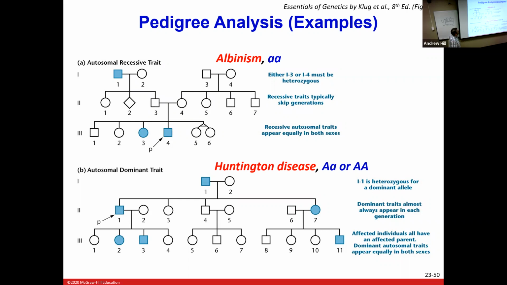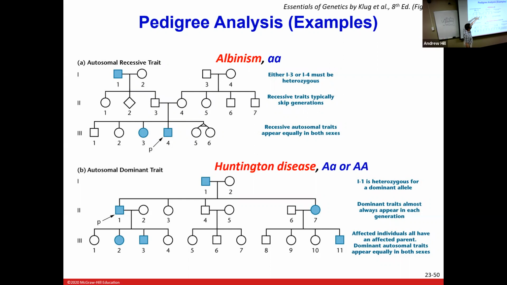Pedigree analysis. So the first one we're looking at is albinism, okay? This is going to be an autosomal recessive trait, so in this case, small a. What you can see here is some of the pattern we saw earlier, right? Here it's skipping a generation. This is generation 1.